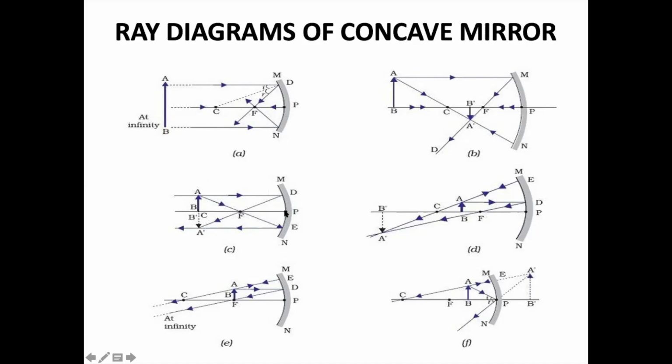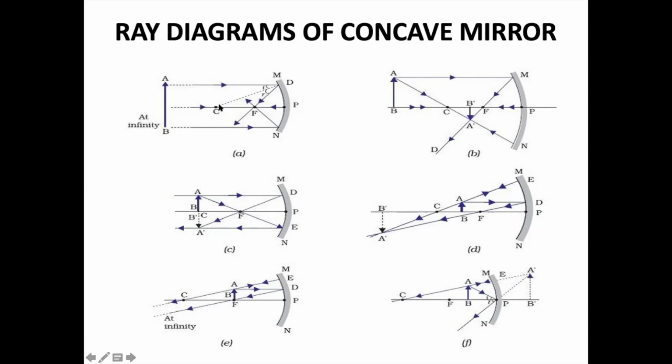So object distance is always taken with reference to the pole. So P and B, AB is an object, so PB is an object distance. It is taken as negative. Same case, the image is also formed on this side only, against the incident direction, and therefore the image distance is always taken as negative.